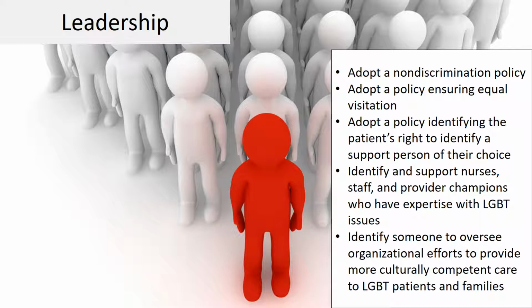So again, adopting a non-discrimination policy, adopting a policy about equal visitation rights, adopting a policy that identifies the patient's right to identify a support person of their choice, making sure that there are nurses and staff and provider champions around the hospital who have expertise with LGBT issues, and then identifying someone to oversee organizational efforts to make sure that the hospital as a whole is providing culturally competent care to LGBT patients and their families.